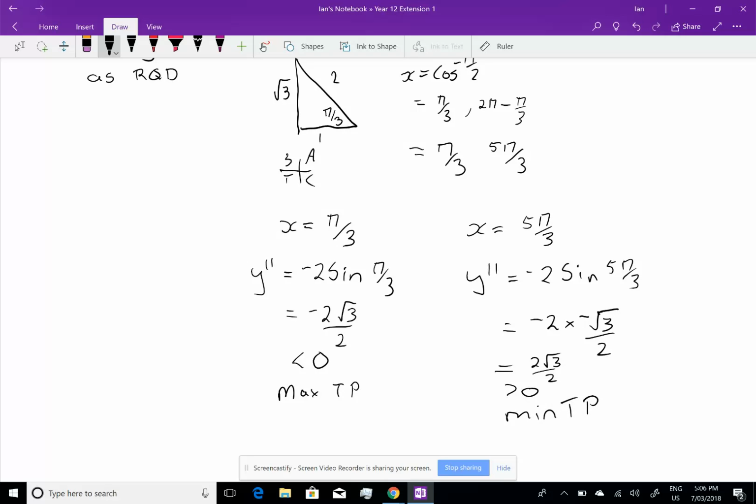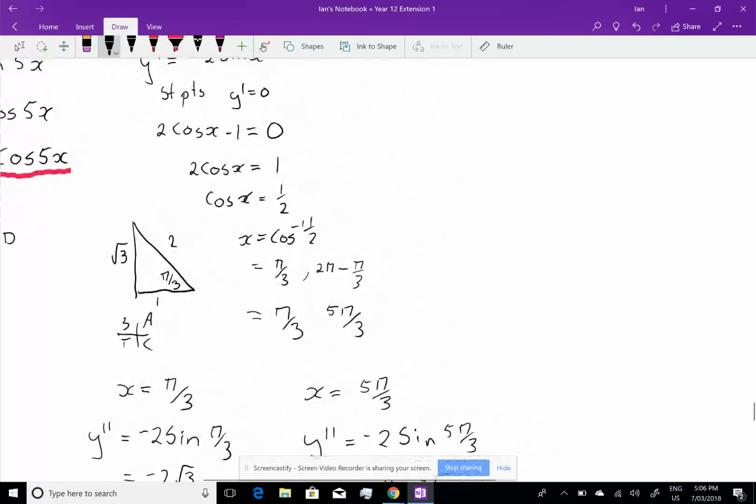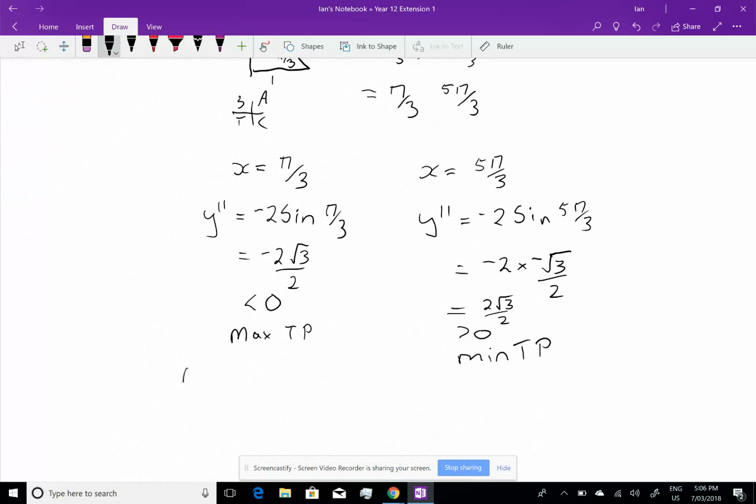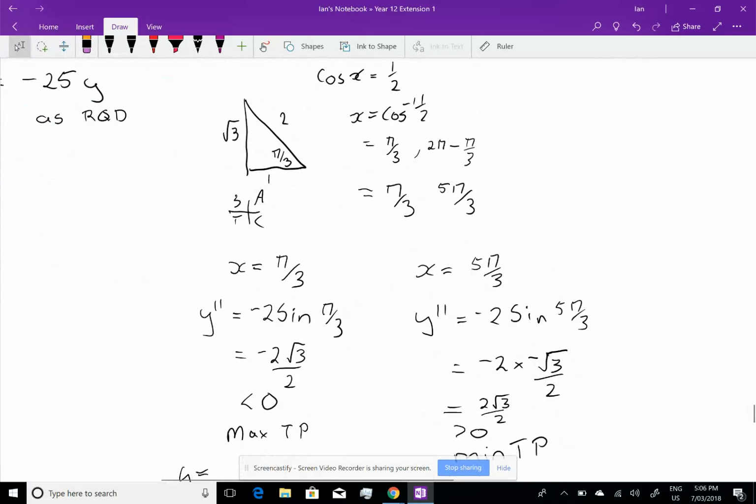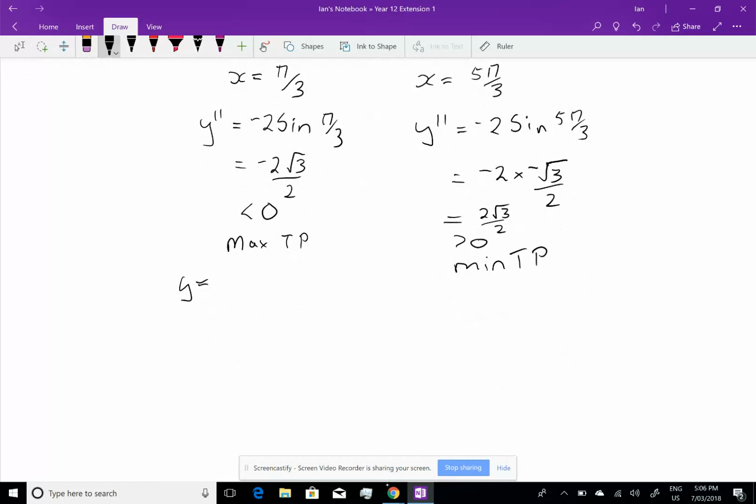Now let's double check. Question 12. Oh, I had to find the y values. Better go along here. Y equals, what was it? 2 sine x minus x. 2 sine pi on 3 minus pi on 3, which is 2 root 3 on 2 minus pi on 3, which gives me root 3 minus pi on 3.